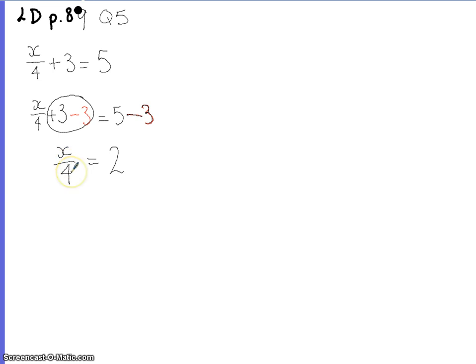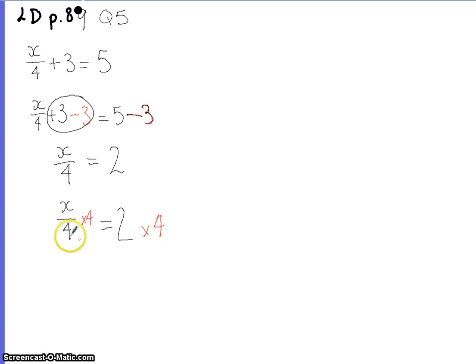If we had something divided by 4, how could we get rid of something that was divided by 4? What's the opposite to divide, Jared? Multiply. That's what we've got. In red is our thinking. Opposite of that is to do that. What we do to one side, we must do to the other.